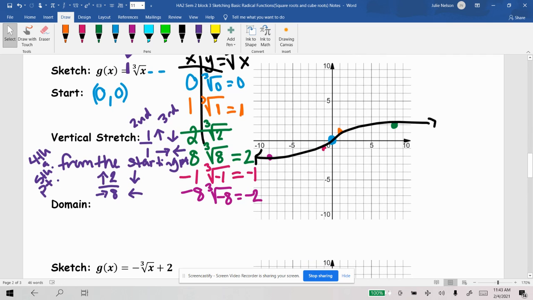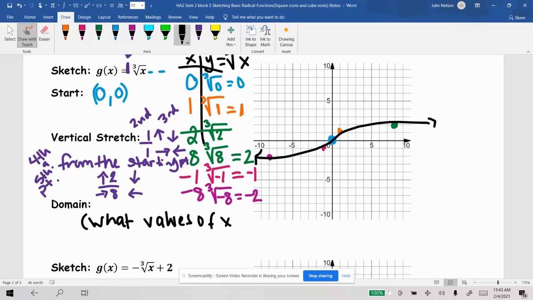Now our domain, what values of x was I allowed to plug in? Was there any restrictions? Well, I was able to plug in positives.